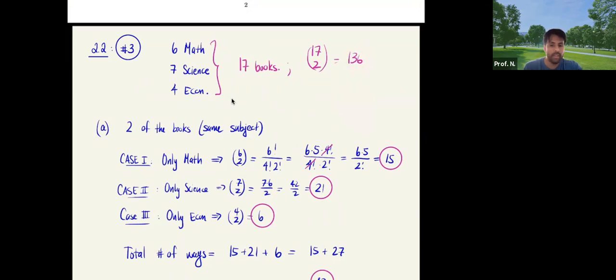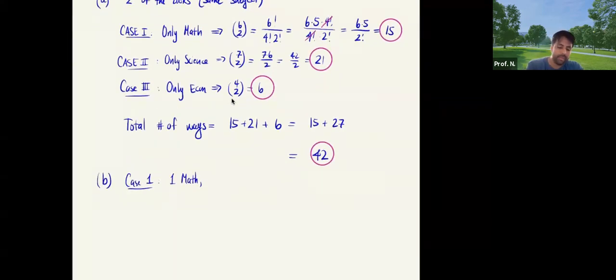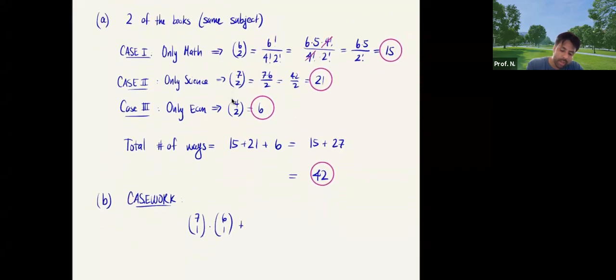So either way, if you viewed it as a casework problem, this would be the answer. I just want to show this for those of you who thought of casework. So this would be 7 choose 1 multiplied by 6 choose 1, plus 7 choose 1 multiplied by 4 choose 1, plus 4 choose 1 multiplied by 6 choose 1.